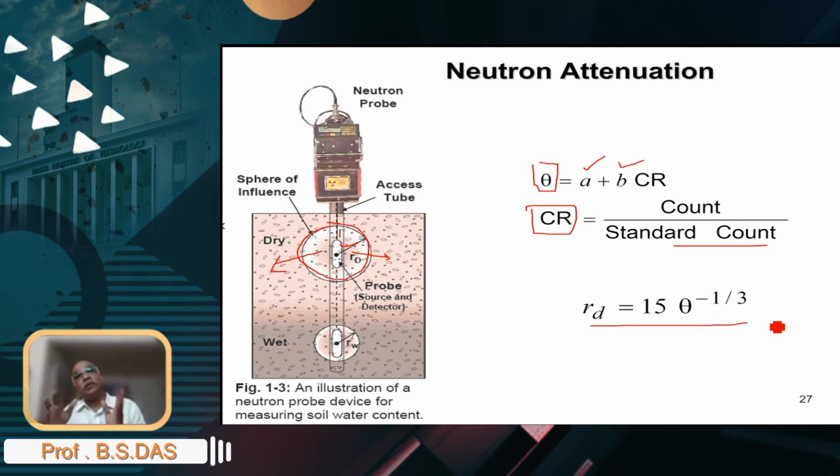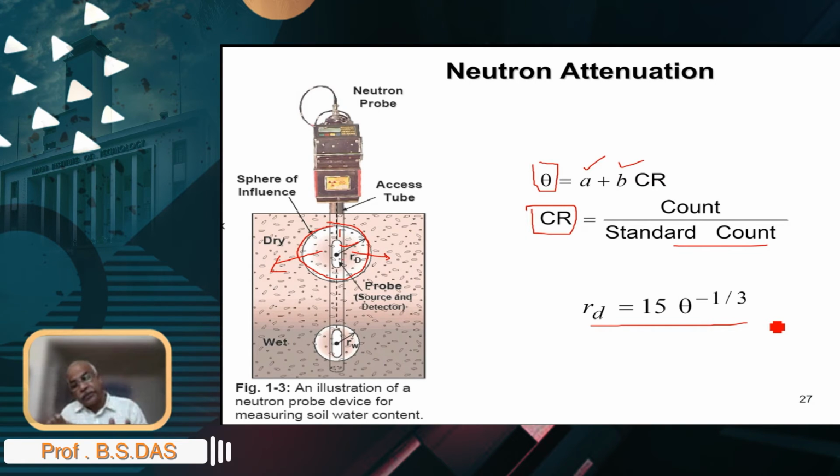So generally the machine has to be lowered into the soil, so that the hydrogen atoms present in the water molecules would thermalize them. Otherwise, this high energy would strike you. And so the probe has to be lowered into the soil. Surface measurements are not possible with this, and so only depth-wise measurement.